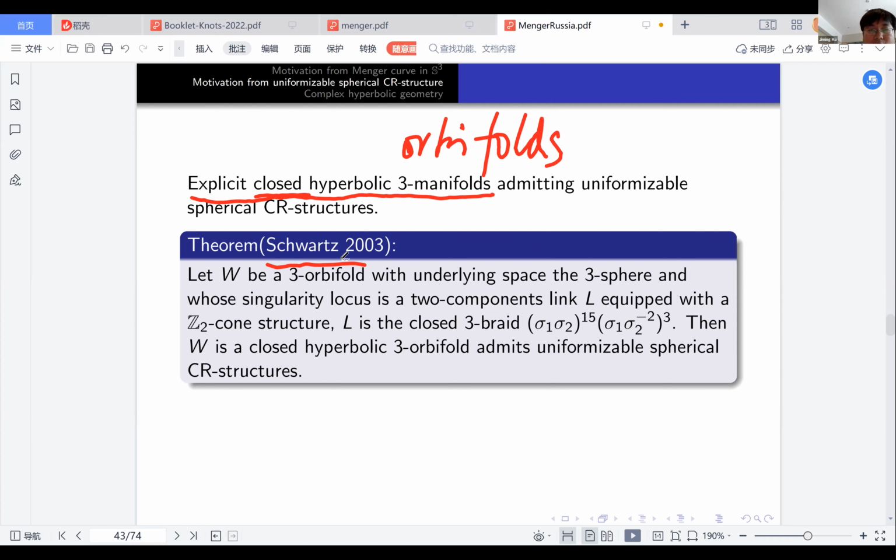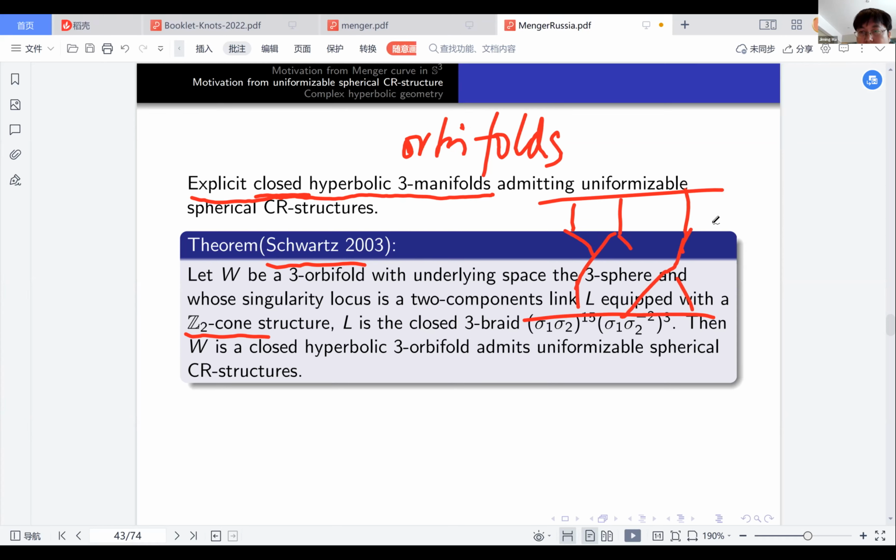Let W be a three-orbifold with the underlying space the three-sphere, and whose singular locus is a two-component link L, equipped with a Z/2 cone structure. So here is the closure of a closed Sweep Grid, which is just given by this guy, so σ1 and σ2, right?